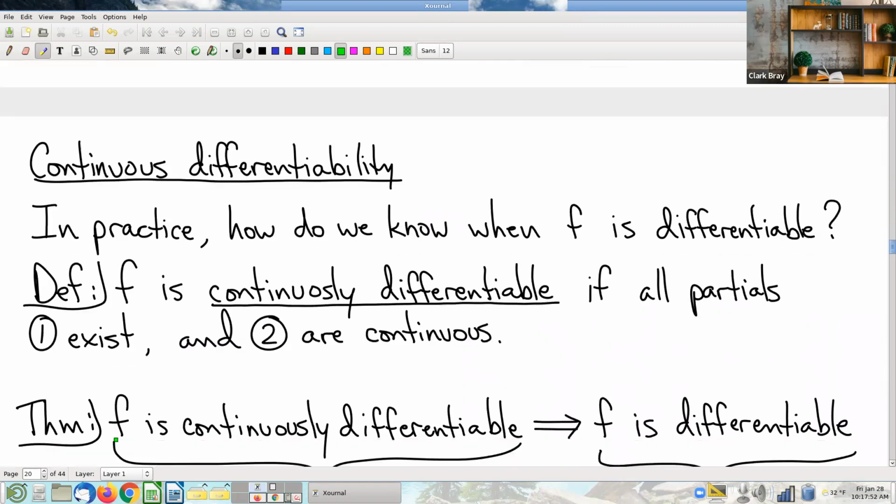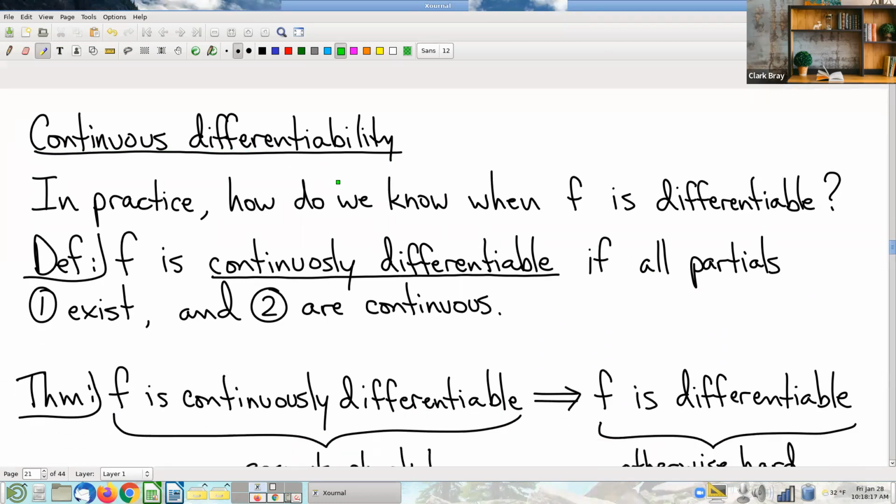It's this method of just looking at continuous differentiability. Now, this is a different condition. This is a stronger condition. Technically, there are some functions that are differentiable that are not continuously differentiable, and those are harder to deal with. Good news, we're not going to probably deal with hardly any, if any, of those in this class. So the beautiful thing about continuously differentiable functions is that it's super easy to check.